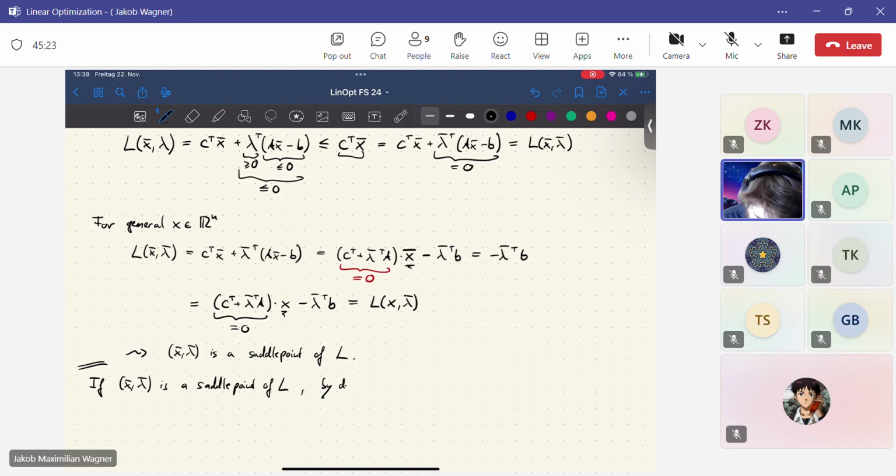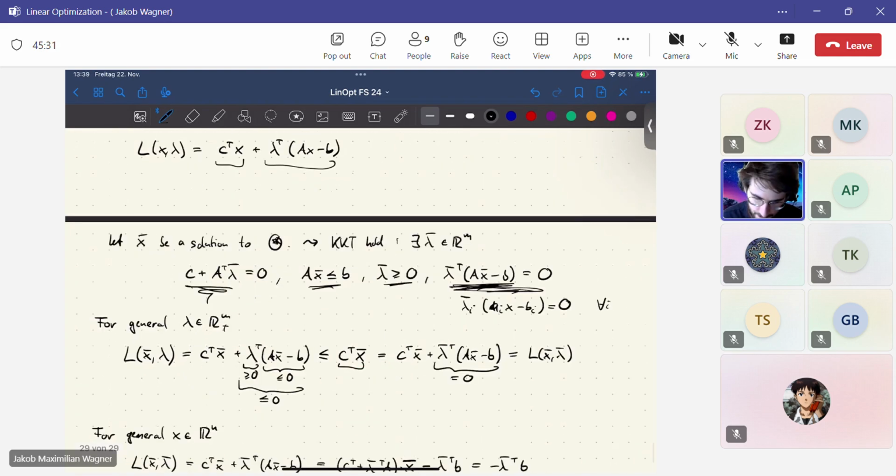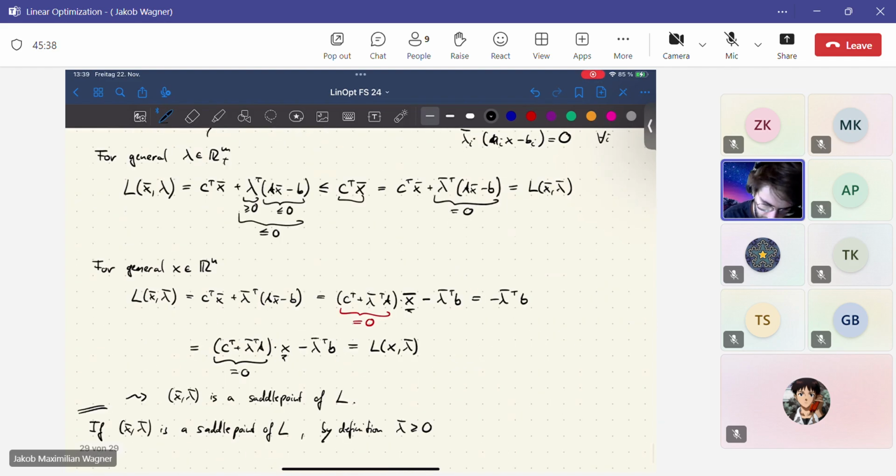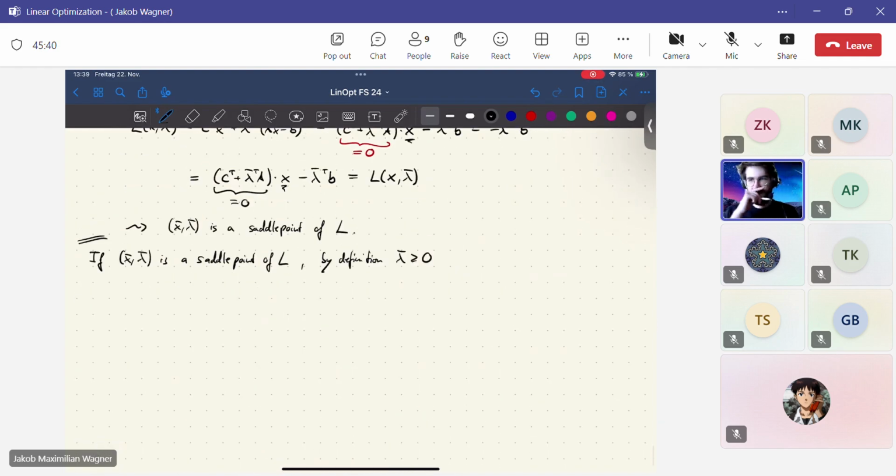We have by definition that lambda bar is greater or equal than 0. We only consider those lambdas in the definition of the saddle point. So we immediately have this. And now our goal is again to work with the KKT conditions, to see how we can deduce the KKT conditions from this saddle point property.